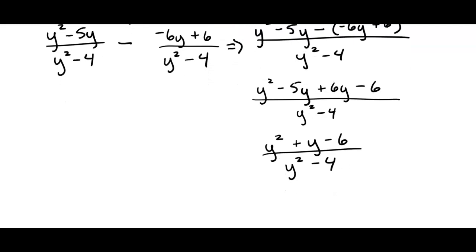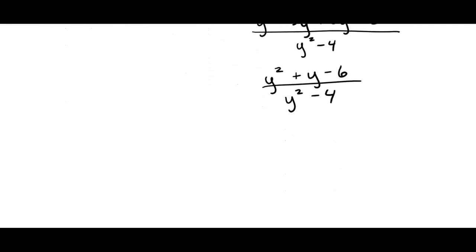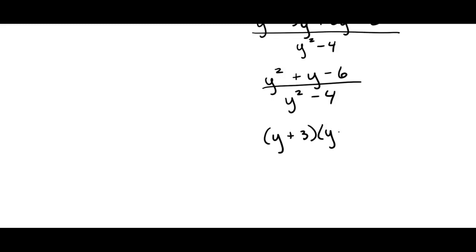We have one rational expression now, which is good. But we have to try to simplify, so we try to factor the numerator. And sometimes they factor, sometimes they don't, but this one does. And we're going to factor the denominator, which is the difference of squares. You might have been thinking that a long time ago.